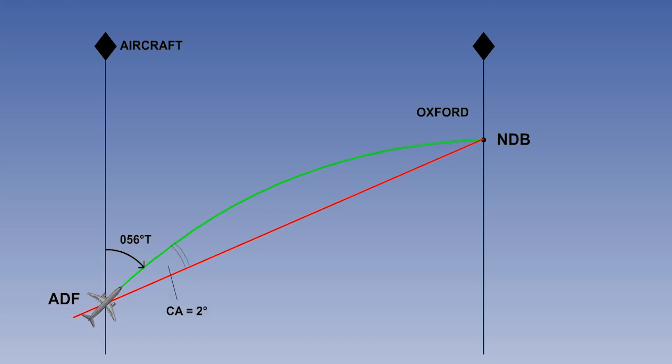In this case, we apply the conversion angle at the aircraft end. As before, it's 2 degrees. This makes the rhumb line bearing from aircraft to NDB 058 degrees. Again, we're measuring clockwise and the rhumb line is nearer to the equator.